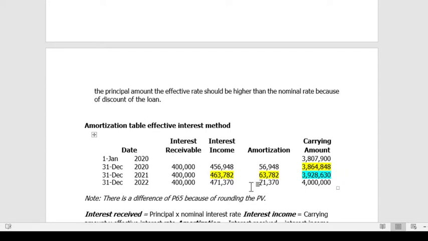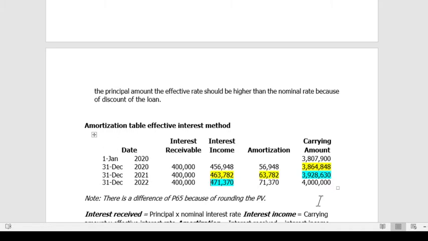So, 3,928,630 times 12% is 471,370. So, i-minus mo lang uli yan, 471,370 minus 400,000, your amortization is 71,370.